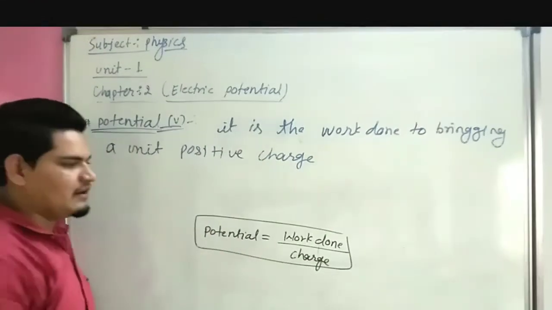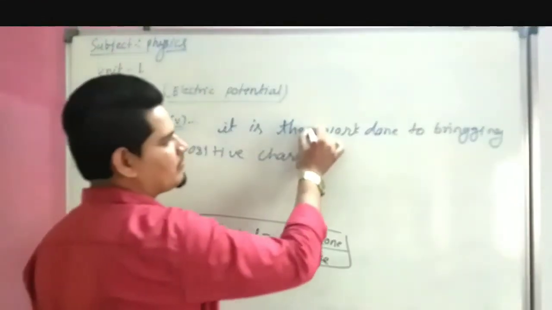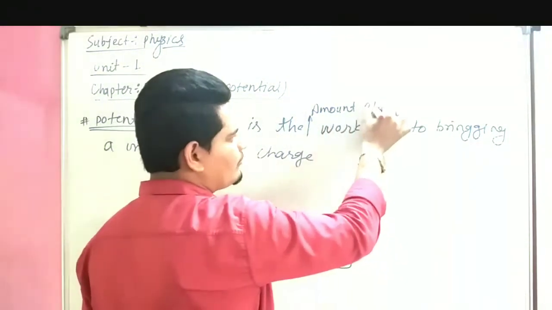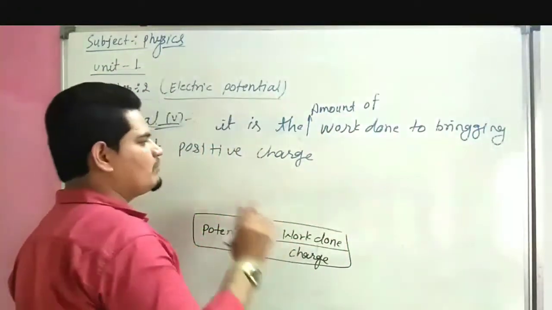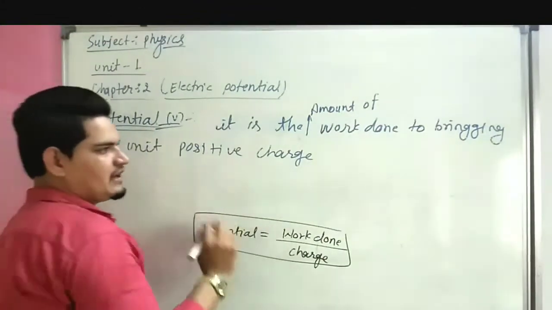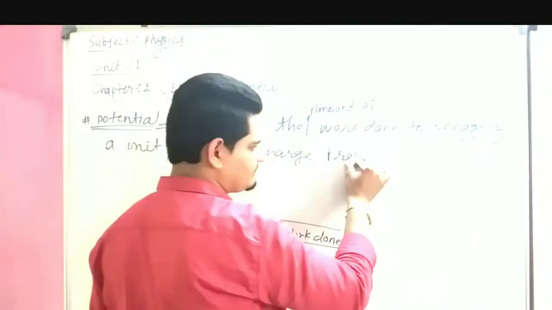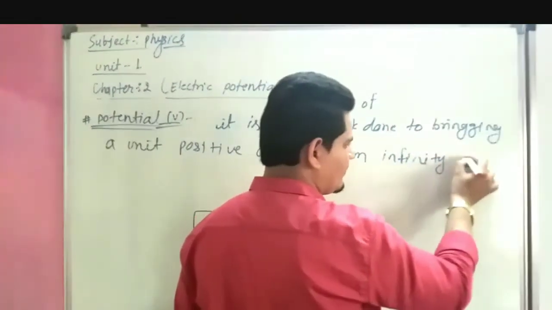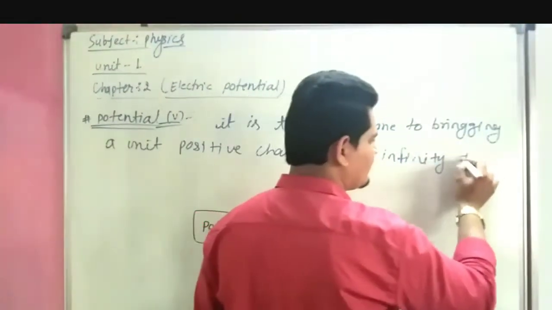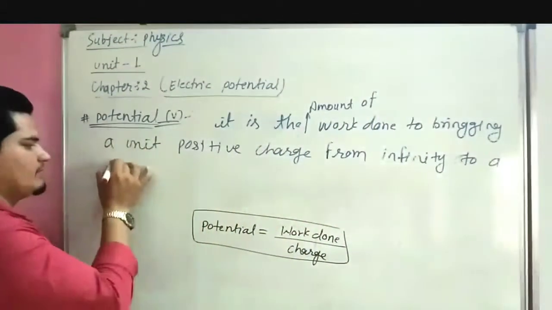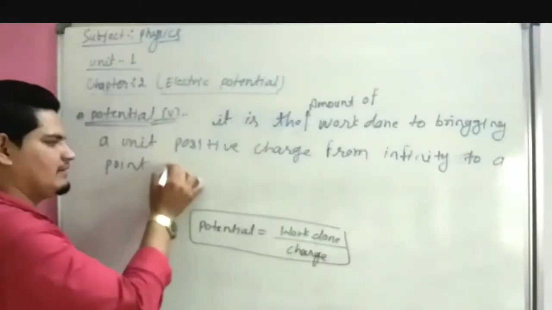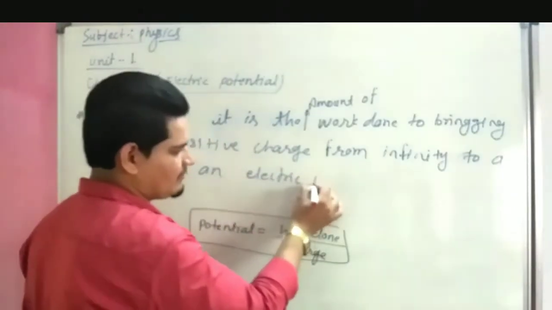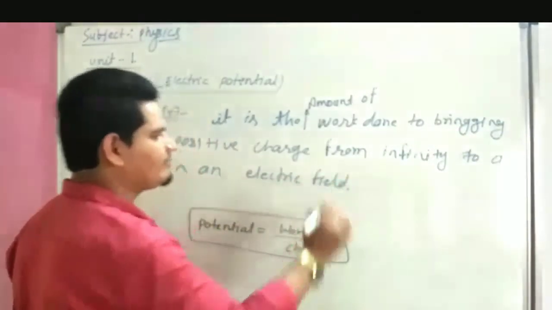Potential is the amount of work done. We can write: potential is the amount of work done in bringing a unit positive charge from infinity to a point in an electric field.